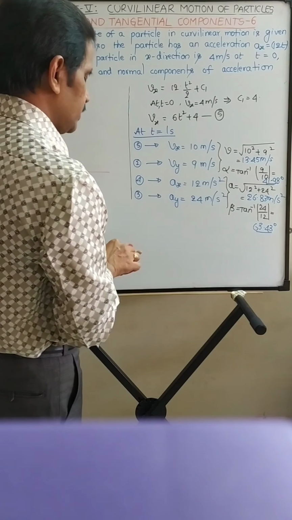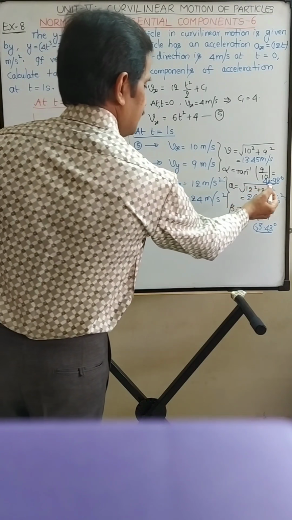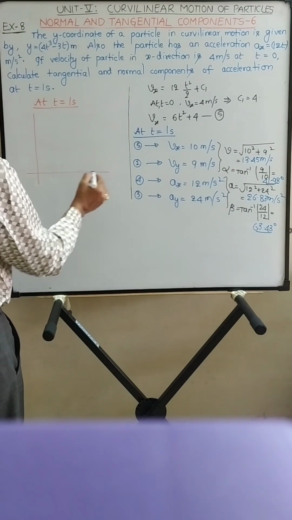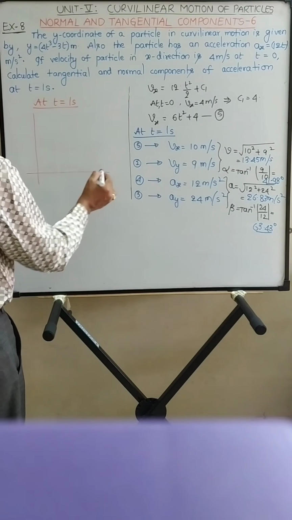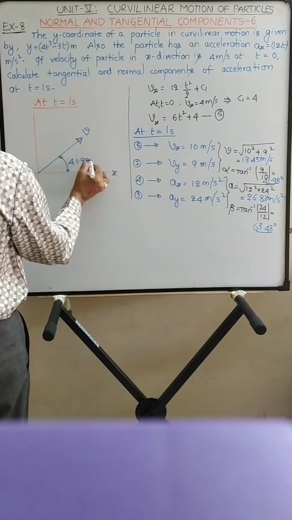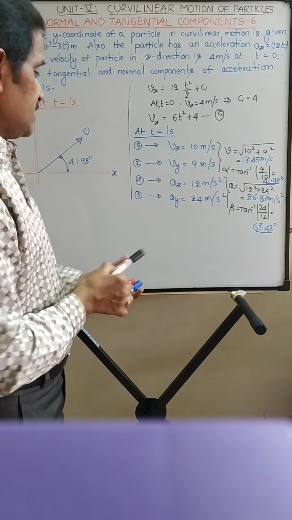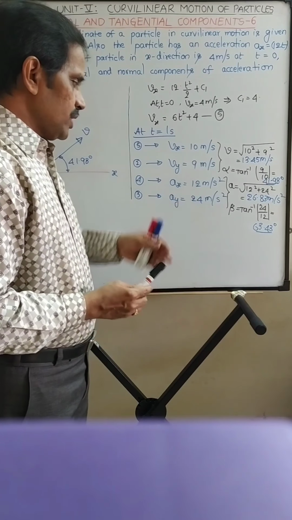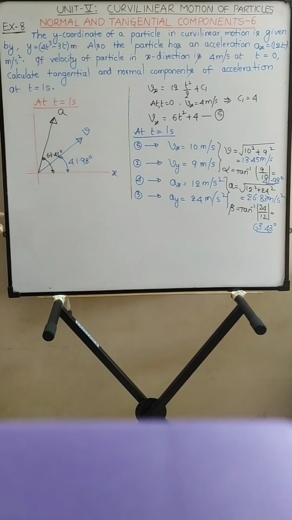Here vx, vy both are positive. So velocity is in the first quadrant making angle 41.98 degrees with respect to x. And acceleration is in which quadrant? Being ax, ay both positive, it is also in the first quadrant, but with respect to x it is making 63.43 degrees.